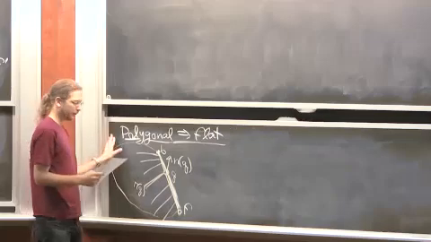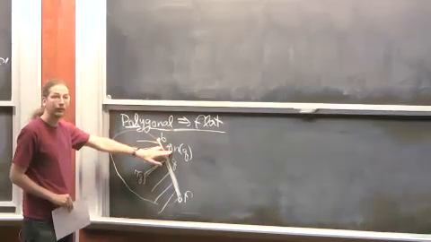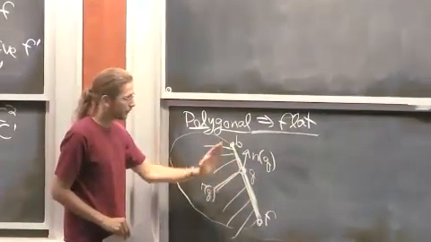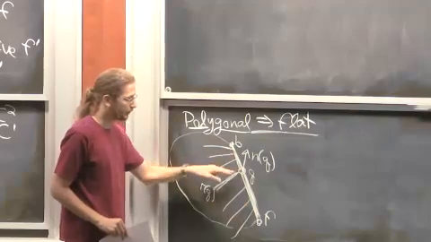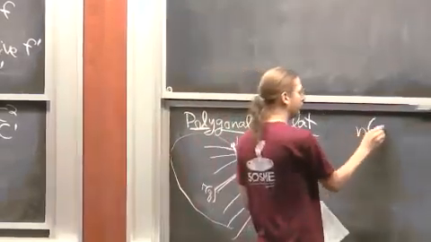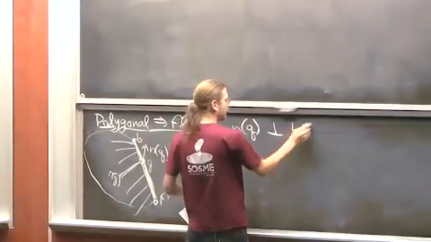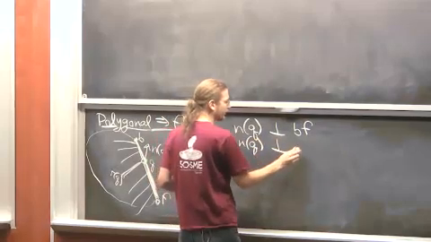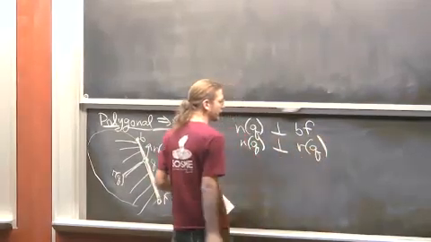And we were claiming a few things, but the definition of this guy being normal is that it has to be perpendicular to the surface. So it has to be perpendicular to this sort of axis of the surface, and it has to be perpendicular to this axis. So we know just from the definition of normal, N of Q is perpendicular to BF, and N of Q is perpendicular to R of Q, the rule line.